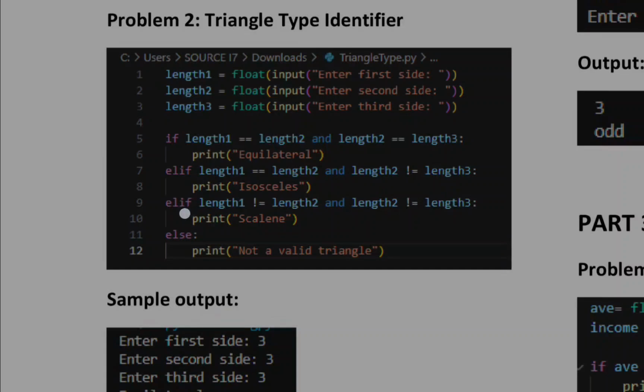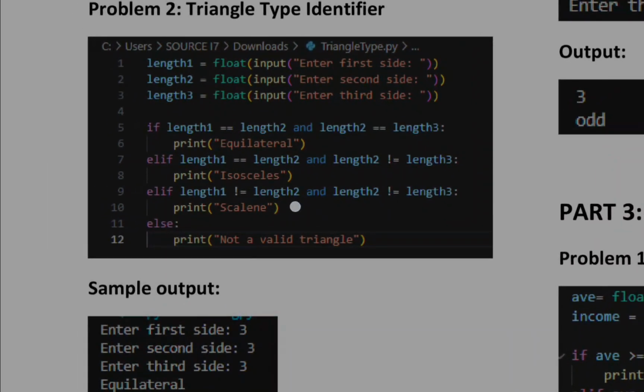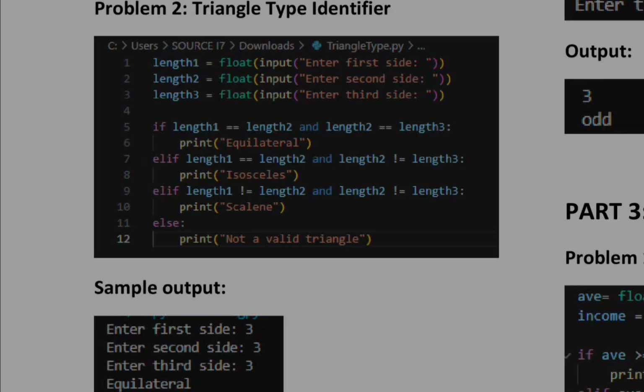For the third one, if length 1 is not equal to length 2, and length 2 is not equal to length 3, for example, they are really not the same size, the result is a scalene triangle. Else, if none of these apply, it is not a triangle.